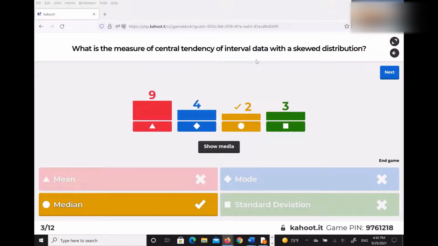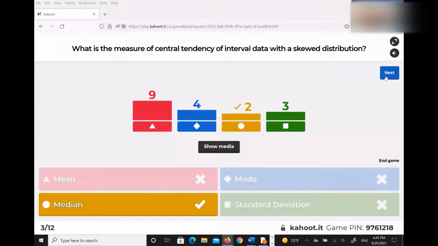Or numerical data, you can say that. So they have something to do with numbers. Okay. So if the data set of interval data is skewed either left or right, then you will use the middle number to measure the center of the data set, which is the median.